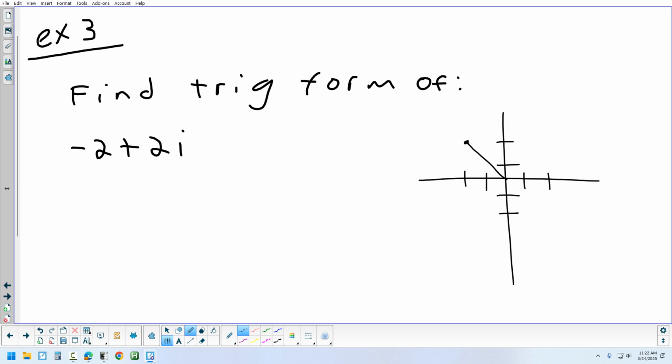Let's make our triangle. I'm just writing the lengths. I'm not actually writing the -2. I know that's just the direction. Each side is 2.